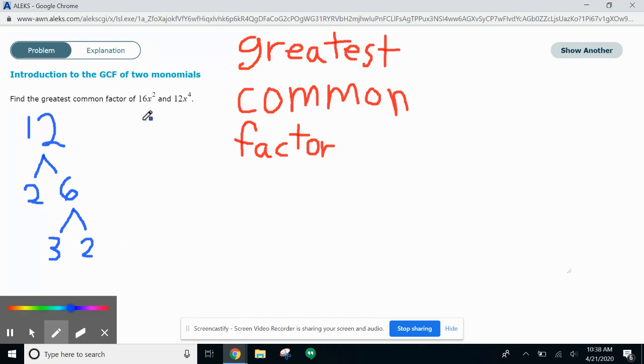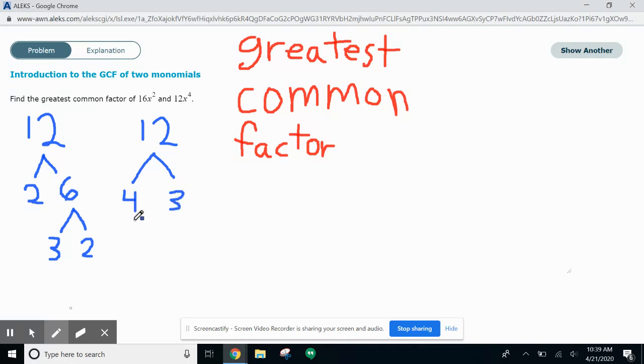If I wanted to, I could do it a different way and say it was 4 and 3 that make 12. 3 doesn't have any more factors besides 1 and itself, but 2 and 2 make 4. So 2 and 2 are factors for 4, and 4 and 3 are factors for 12. And every number always has a factor of 1 and itself, so I could factor 12 as 12 and 1.